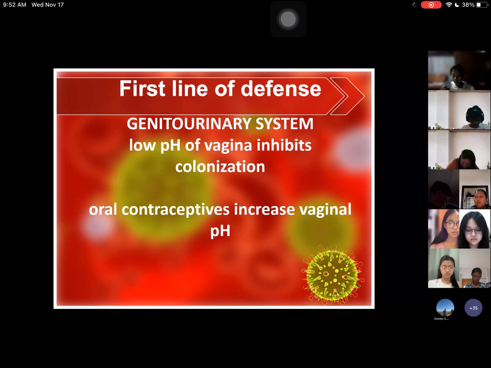Okay? But if you are taking oral contraceptives, that would be one of the disadvantages because contraceptives may increase vaginal pH, or the basicity of our vagina. Okay.